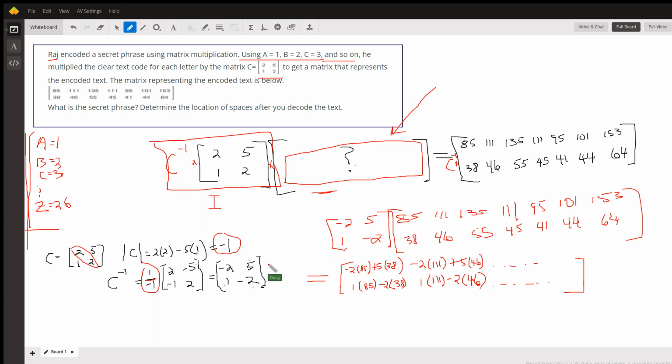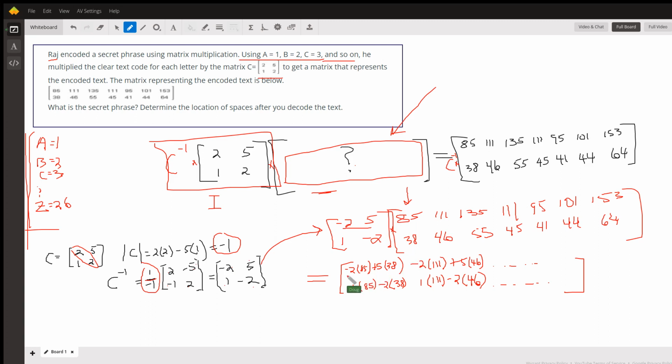So we're going to take C inverse times the encoded matrix, and the result will be what we started with. And how do you do matrix multiplication? Well, we're going to take the first row times this column, and that means -2 times 85 plus 5 times 38.